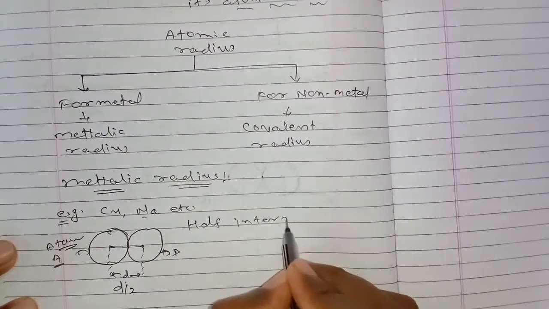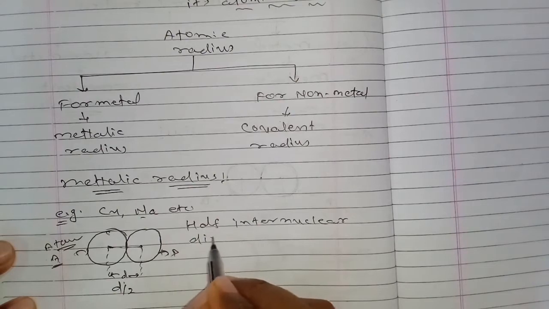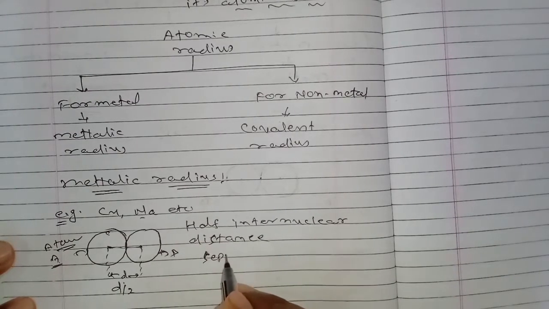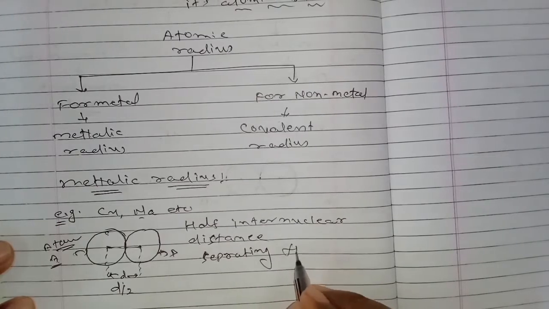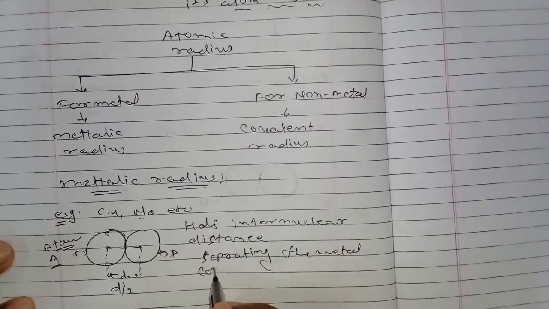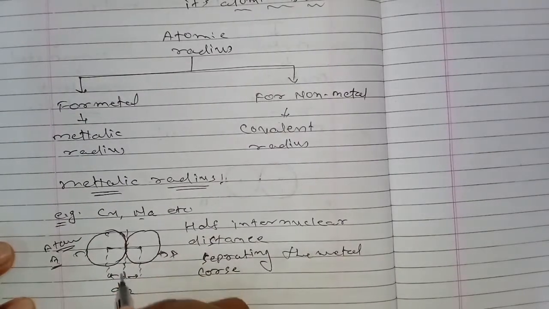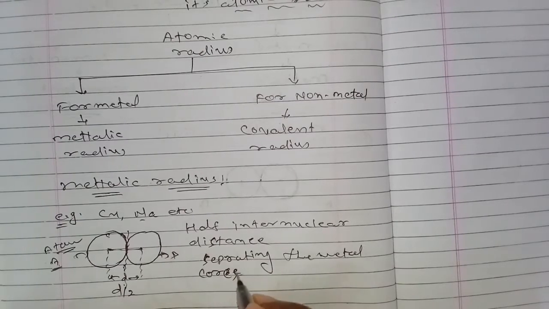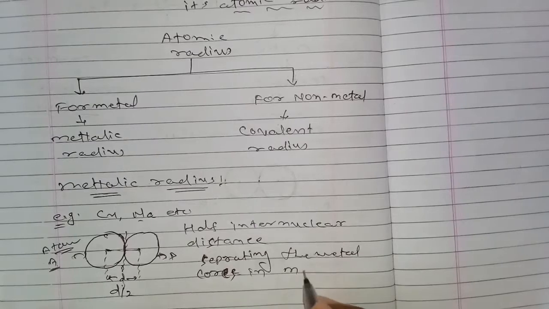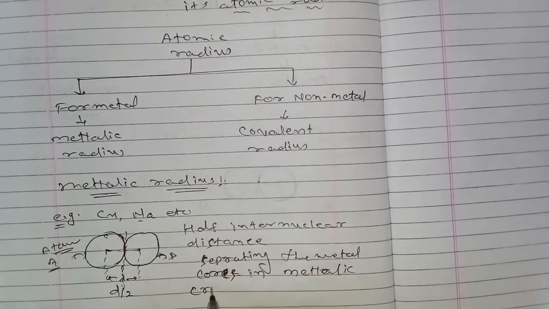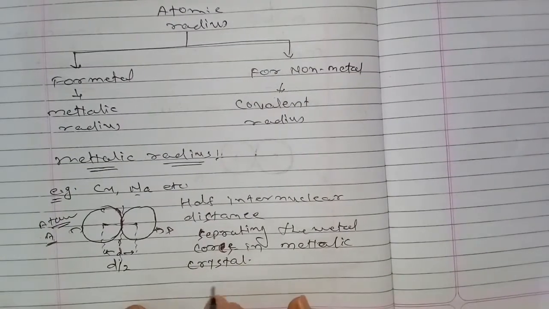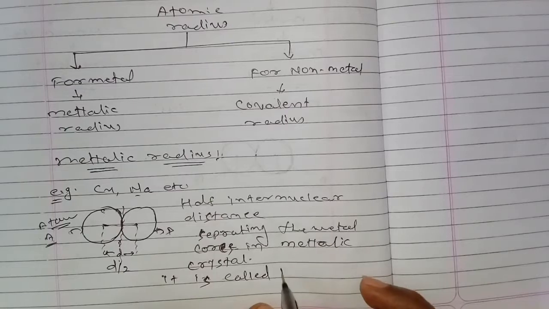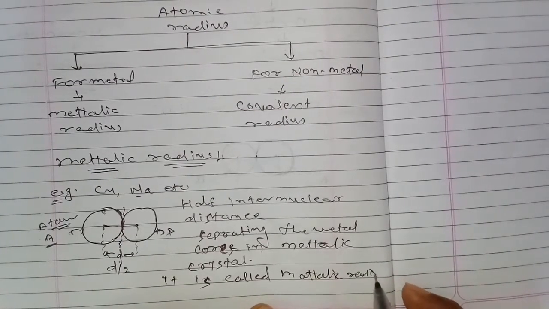Half the internuclear distance separating the metal cores in a metallic crystal is called the metallic radius.